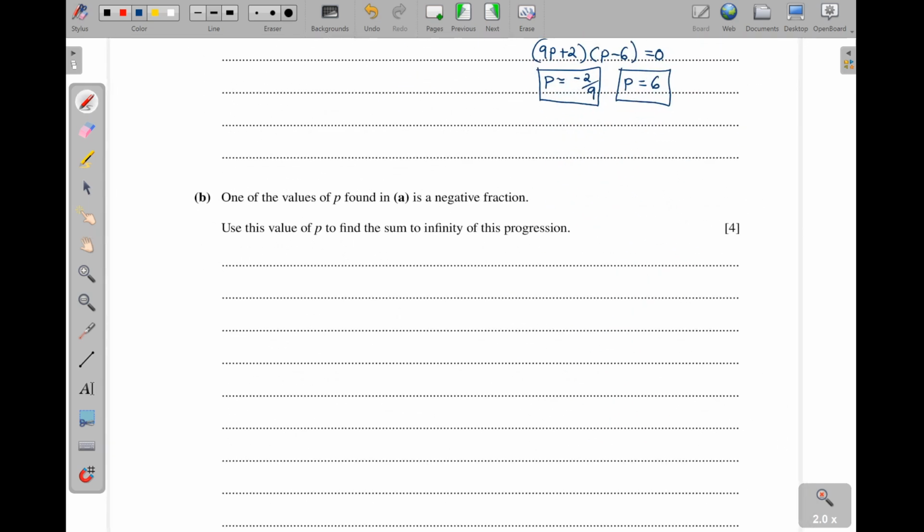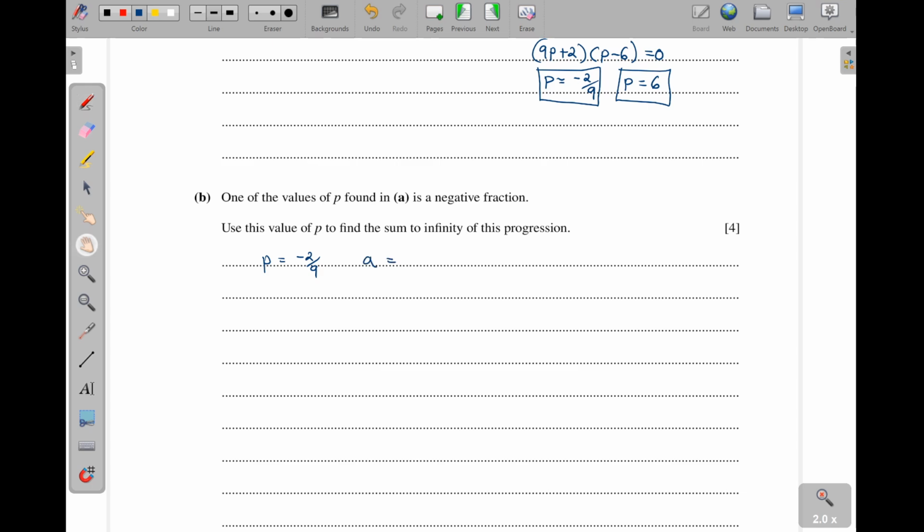Then part B, one of the values of p found in A is a negative fraction, which is negative 2 over 9. Use this value of p to find the sum to infinity. Now, you know sum to infinity is equal to a over 1 minus r. Since p is equal to negative 2 over 9, we need to find the first term.